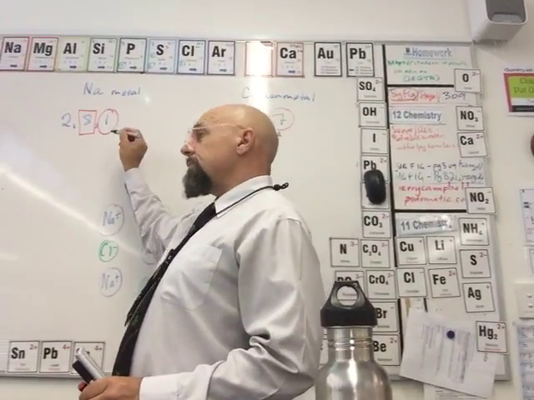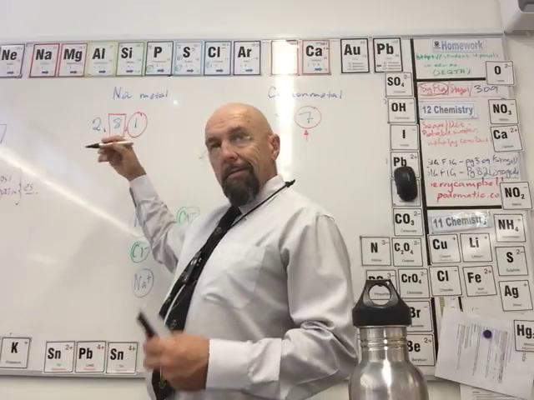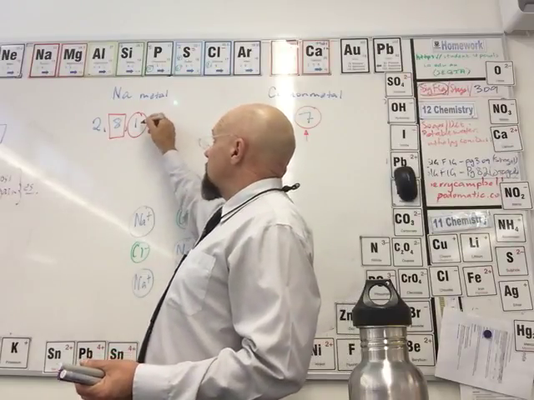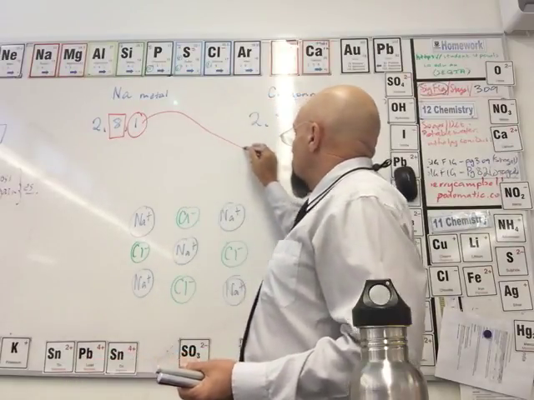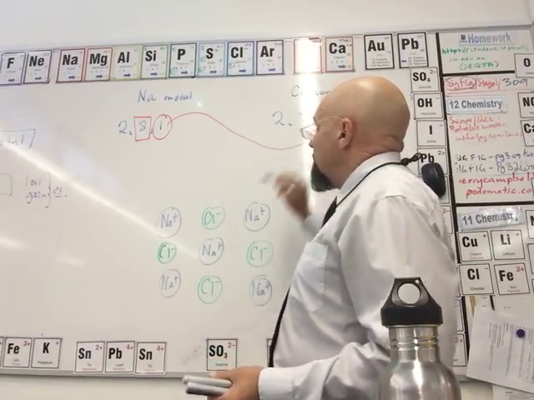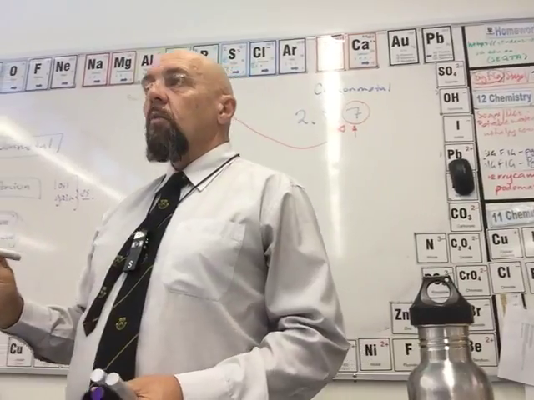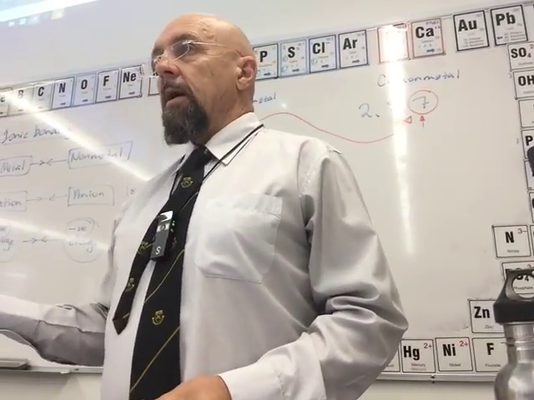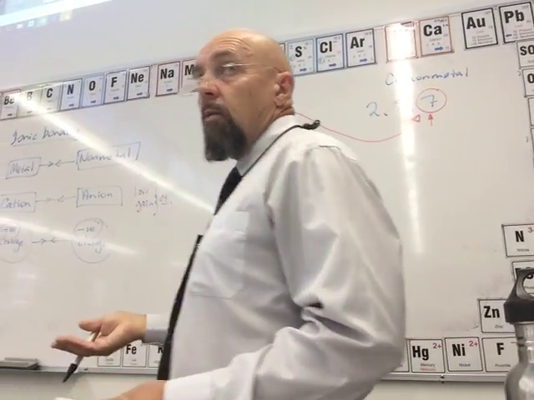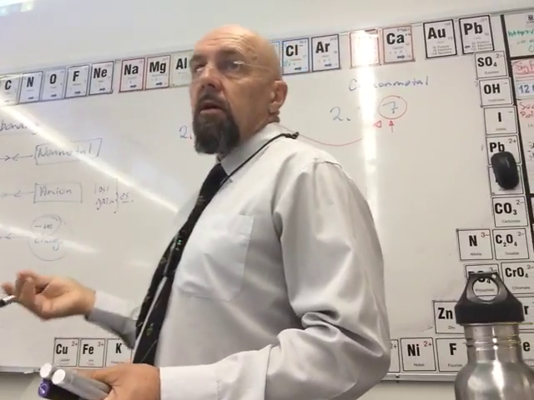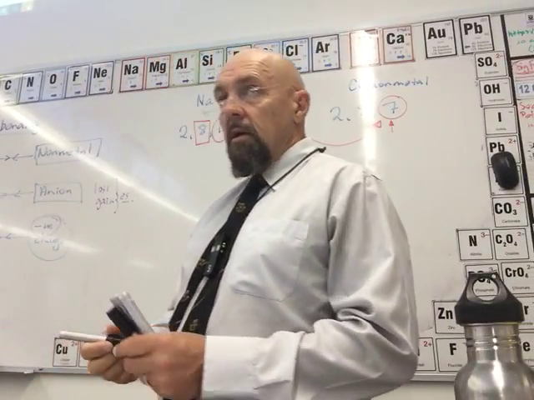We talked about metals having a tendency to lose electrons. So what happens when we have sodium metal mixed in with chlorine gas is that we produce an ionic compound, sodium chloride. It's not how we make sodium chloride, it's a way of making sodium chloride.